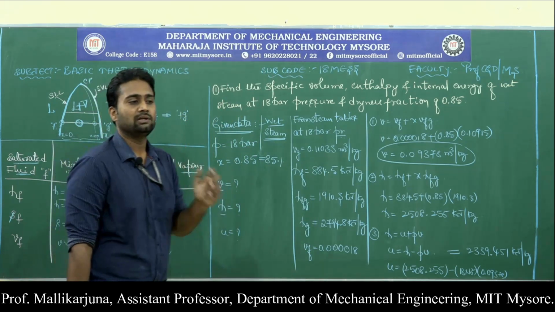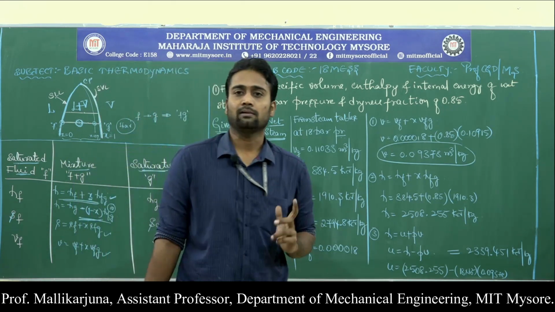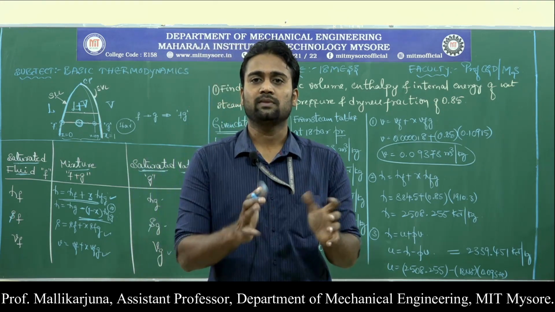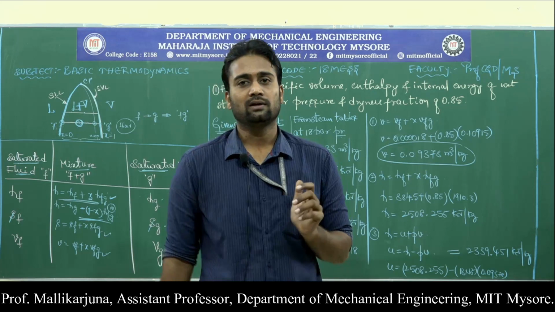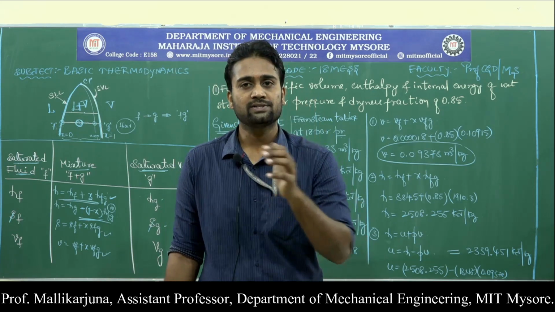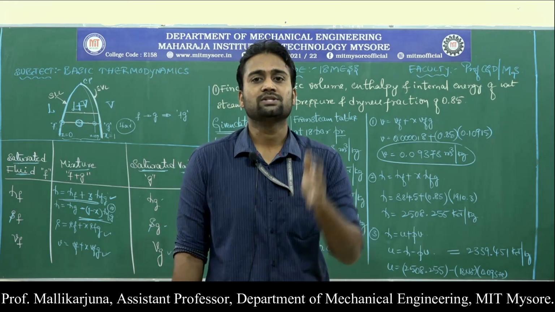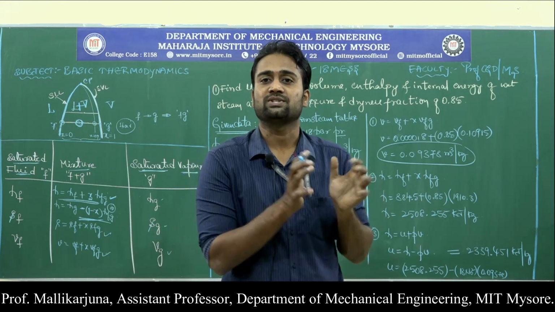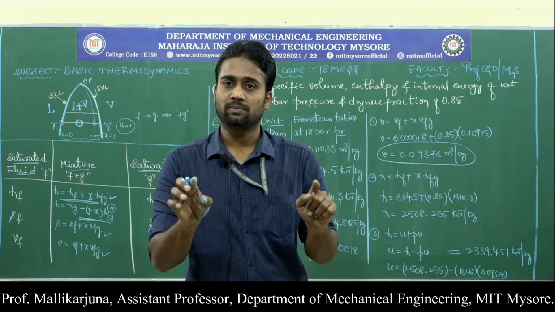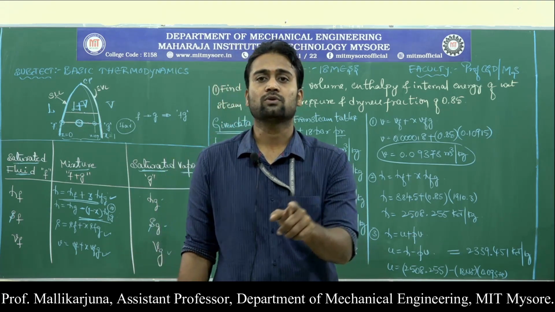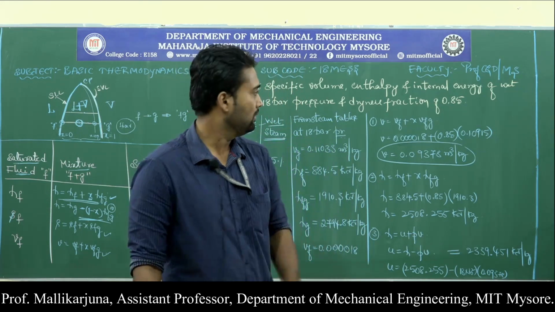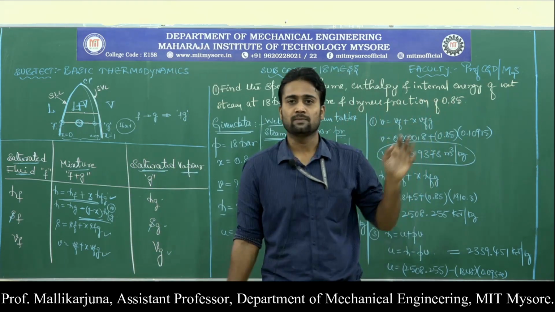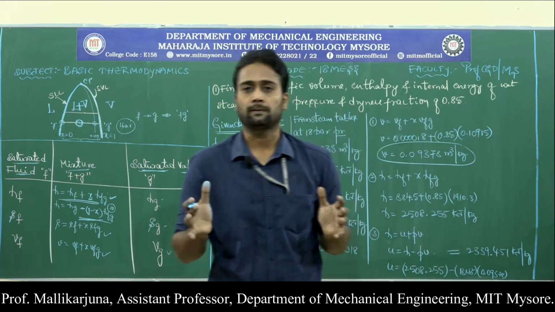Before looking into the solution, one thing you need to make sure of is the state of the steam they have mentioned. Whether he is mentioning superheated steam, saturated steam, or wet steam, all these three possibilities should be considered before solving the problem. Now, he has clearly mentioned that the kind of steam is wet steam, meaning the steam consists of moisture.